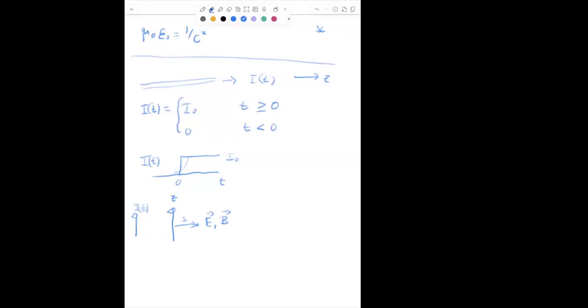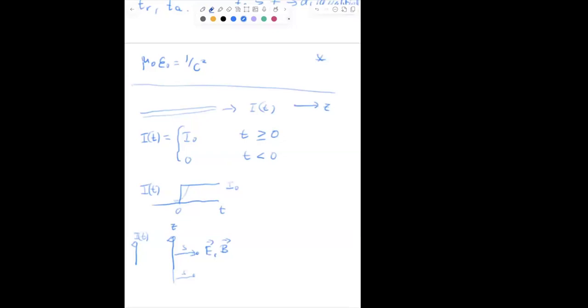So it should be clear that if I look at this point, or I look at, let's say, this point, it's the same thing, because the current itself is independent of space, right? It is just a function of time. So I'm taking this infinite wire and I'm turning on the current, and the current here or here is exactly the same both before time t equals 0 and after time t equals 0.